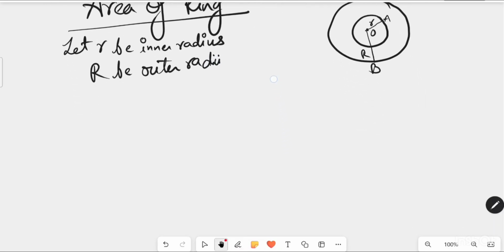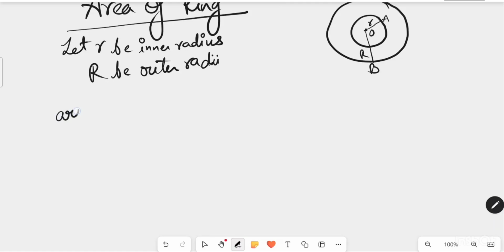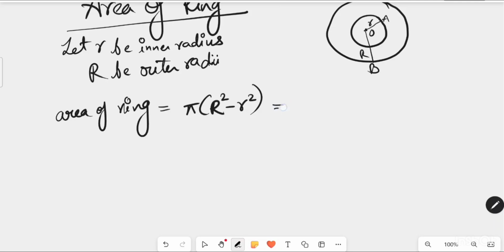So the area of ring is equal to pi R square minus r square. We can also write this as pi into R plus r into R minus r. This is the area of the ring.